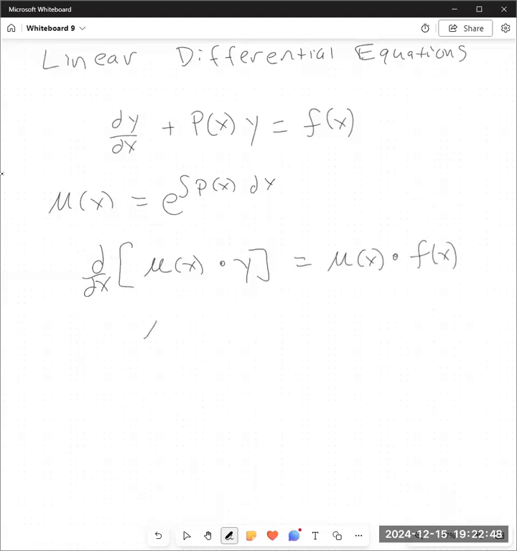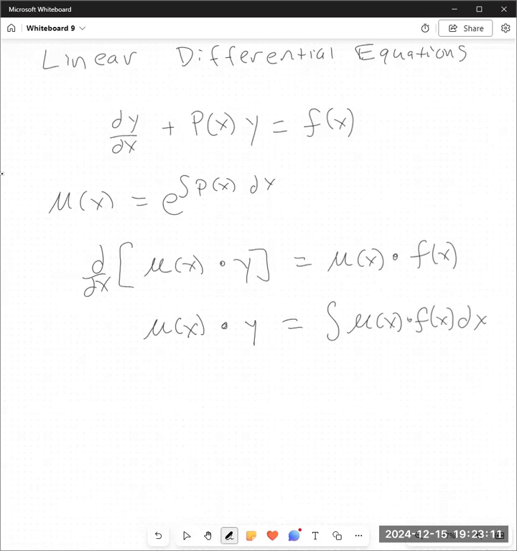Then we could say mu of x times y is equal to the integral of mu of x times f of x dx. If we do that integration, then we can divide by this mu of x over here and get our final answer.